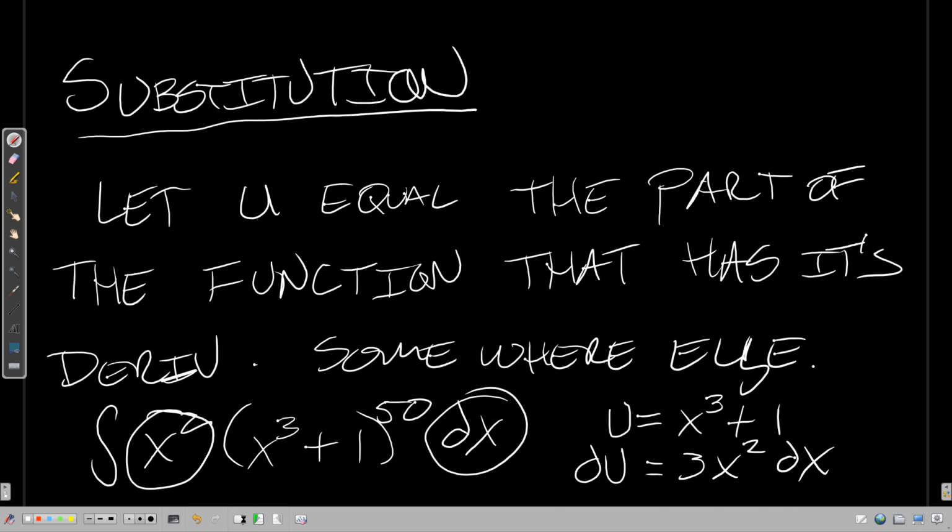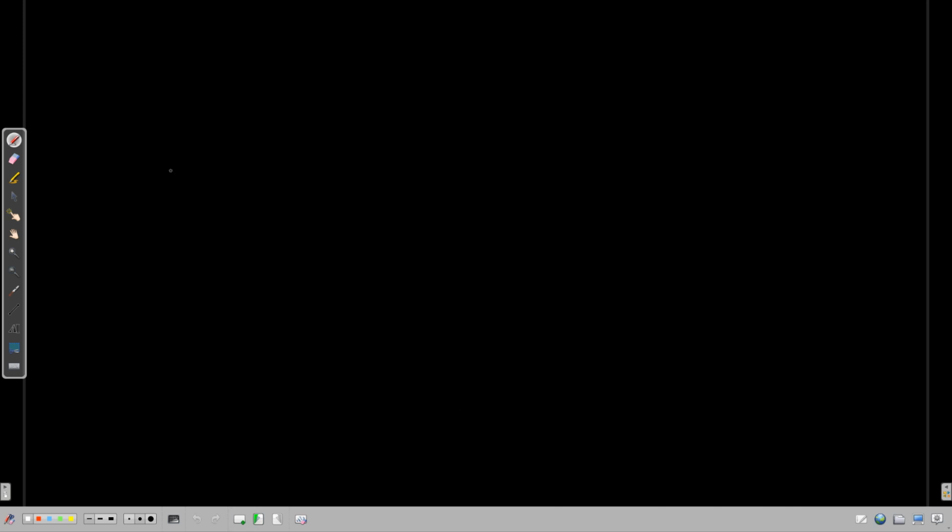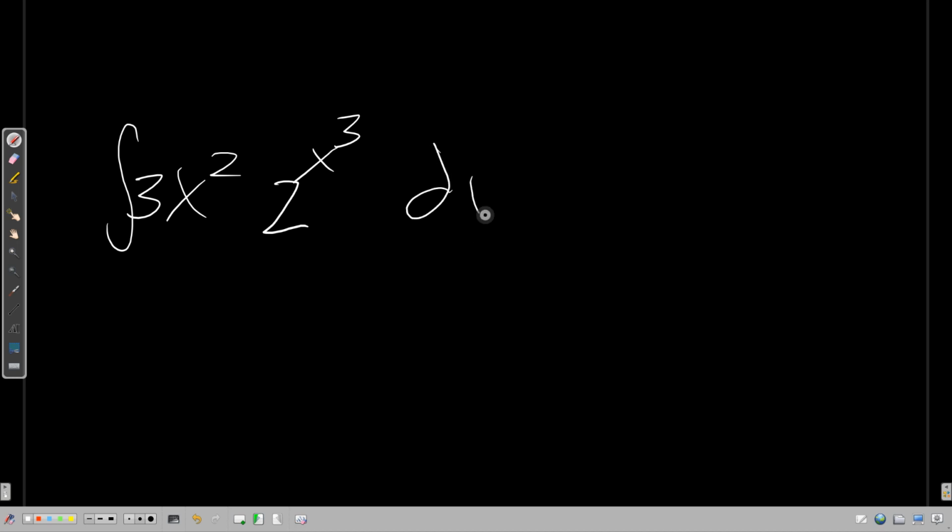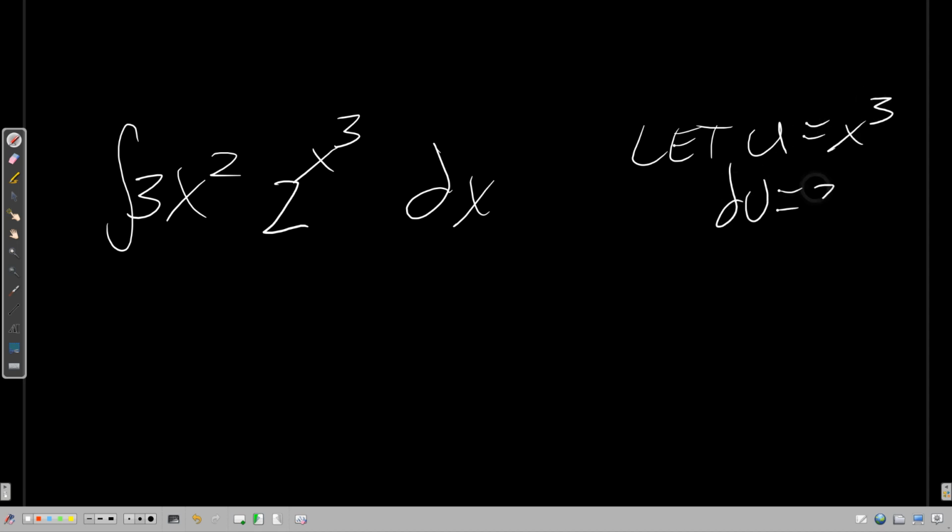Or maybe it's, you know, the integral of x squared and then 2 to the x cubed, something cute like that. Here, I'll even put a 3 right here, because then if I say let u equal x cubed, then du is 3x squared dx.